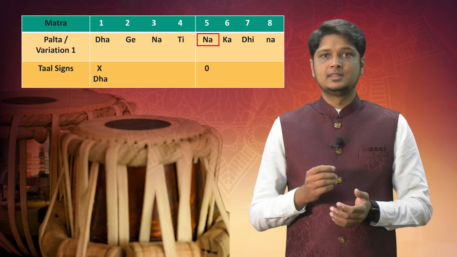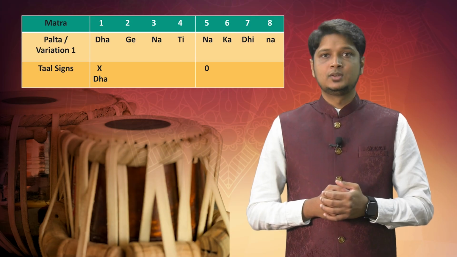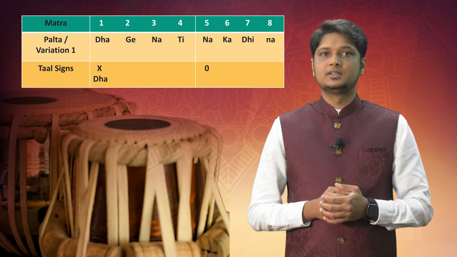The second pattern you shall practice is na, ka, dhi, na, which are syllables of the second vibhag. Make sure you practice each exercise individually for several avartan, laying emphasis on clarity and sound production. Initially, it is recommended that you play these exercises slowly.